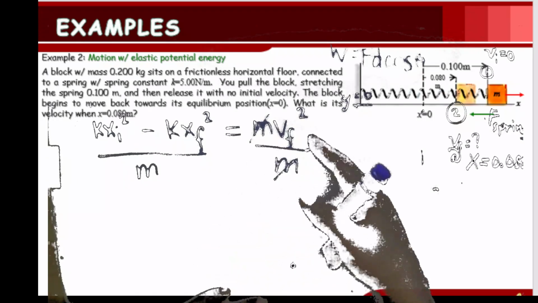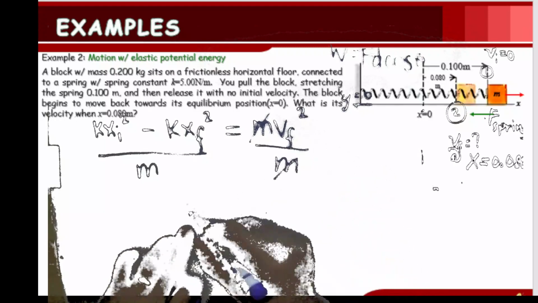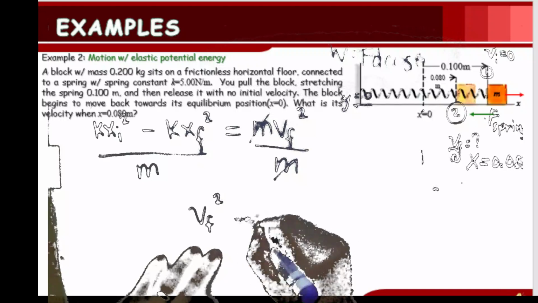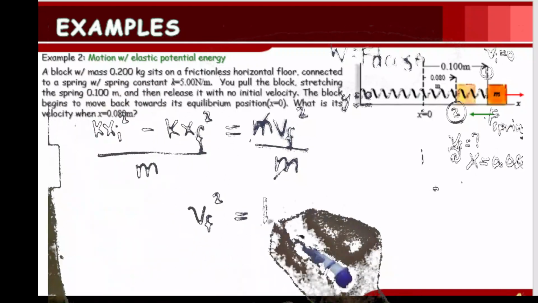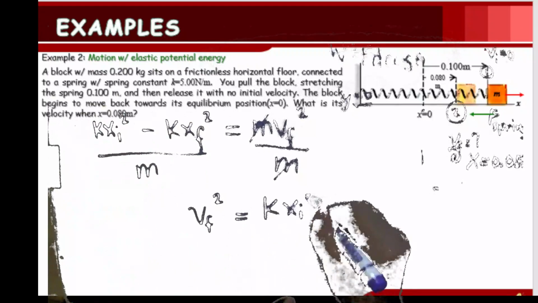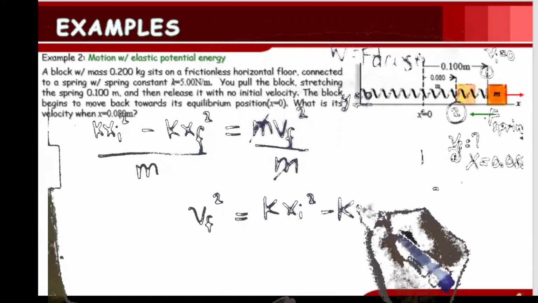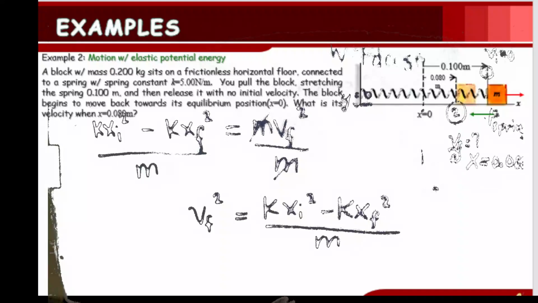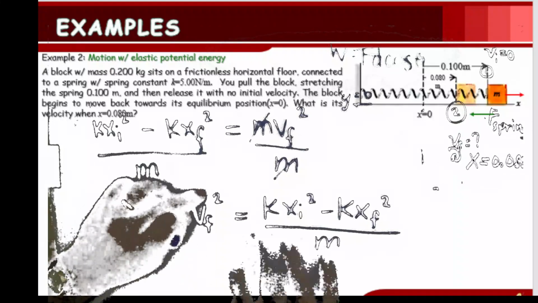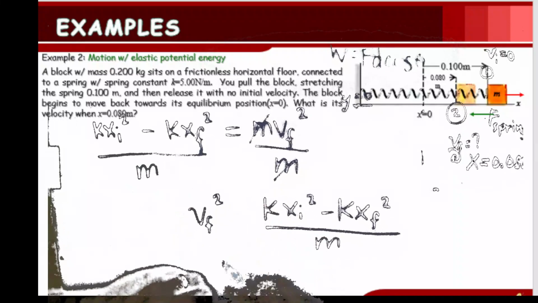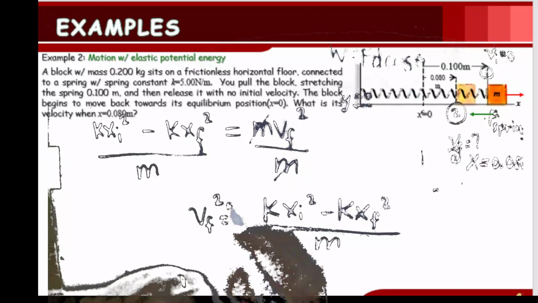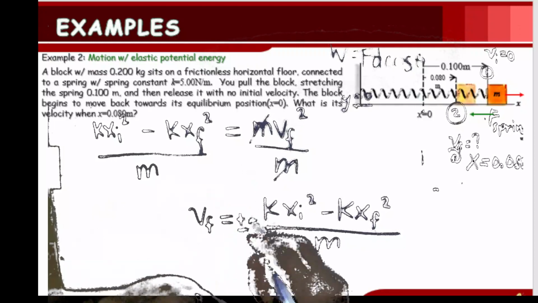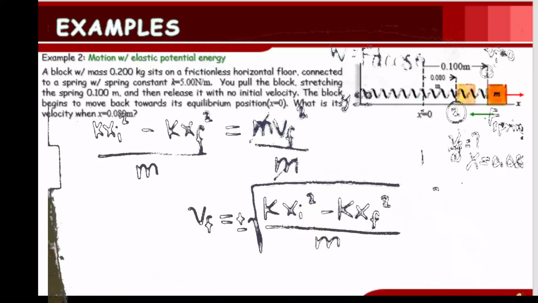We are left with v final squared, equivalent to k x initial squared minus k x final squared, all over the mass m. Now take note, since this is squared, we take the square root of both sides. And we will have plus minus, taking the square root.